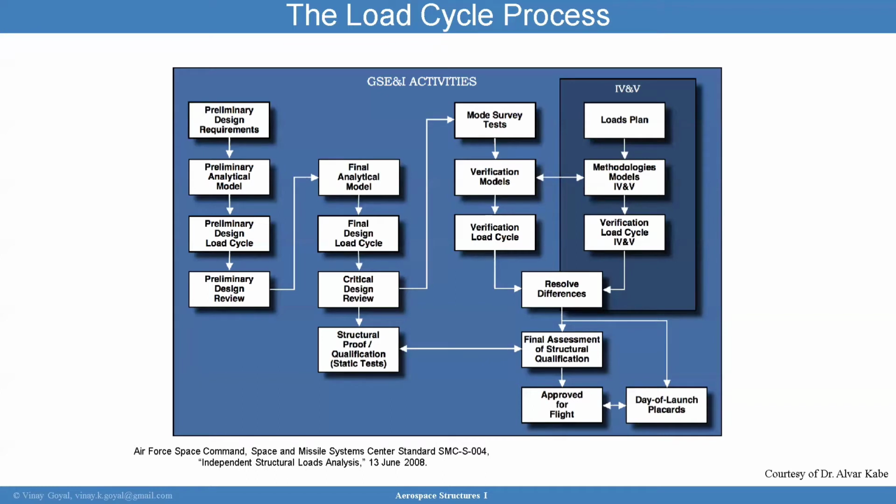These models are complex, first of all, and you need to make sure that these models are accurate. Otherwise, the prediction for loads will be incorrect, which will be very difficult to fix late in the game. And if there's a problem late in the game, then the qualification tests you may have done may be invalidated.